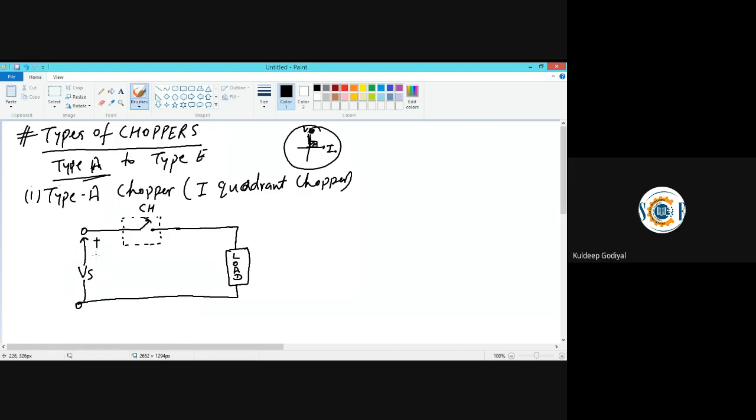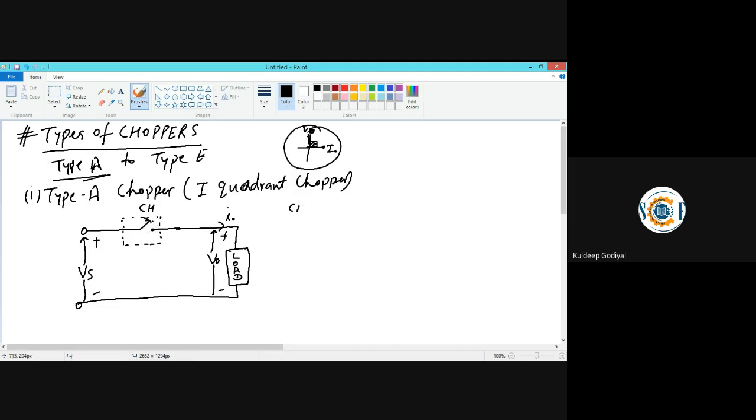with Vs with this polarity. The polarity of output voltage will be like this, upside positive and negative at this side. The load current I naught will flow in this direction, and this load current will flow only and only when this chopper switch is in closed position.